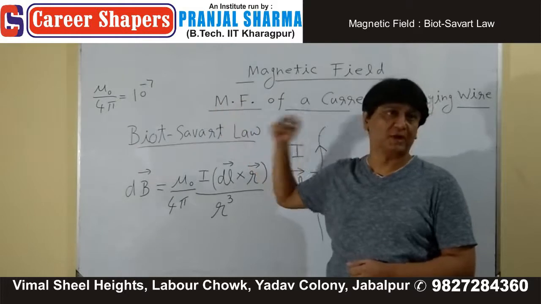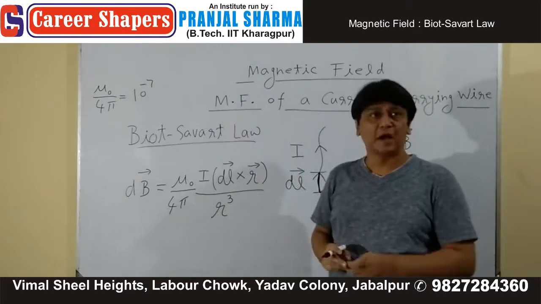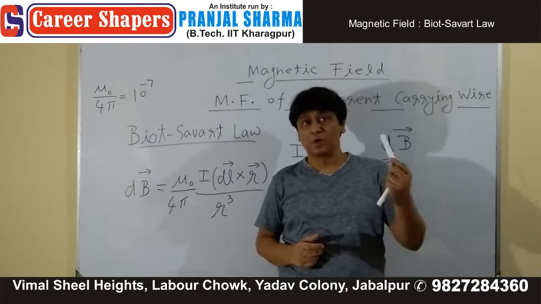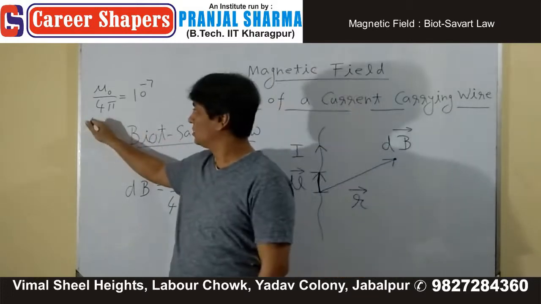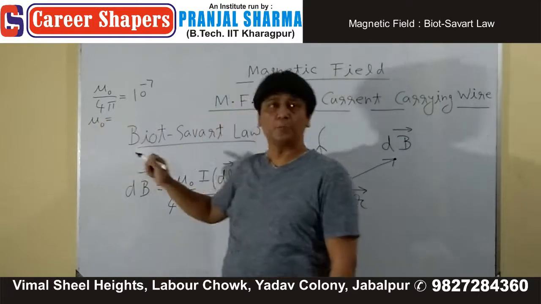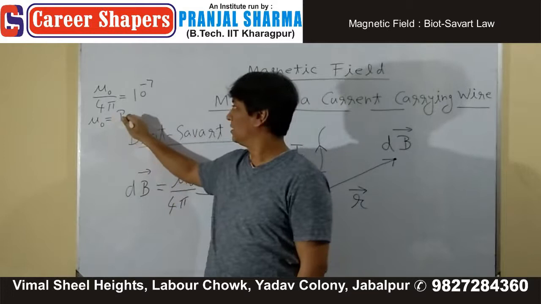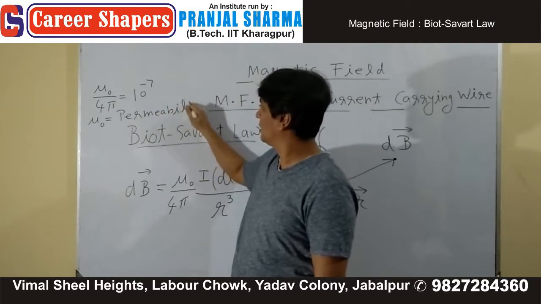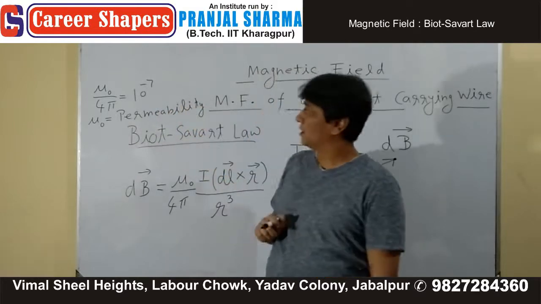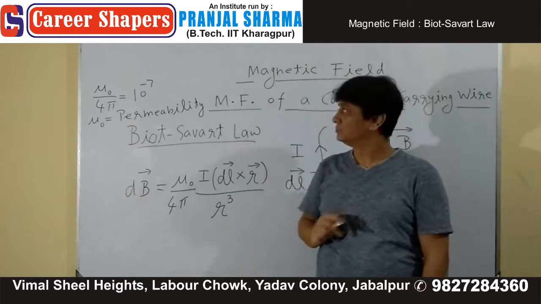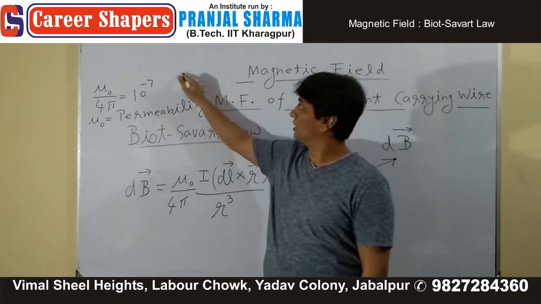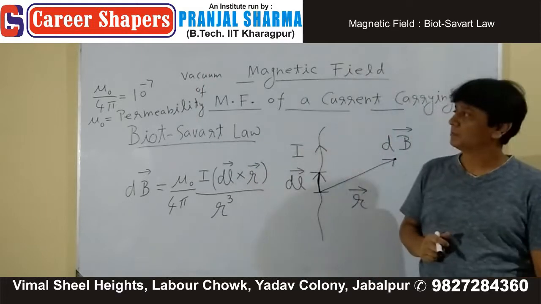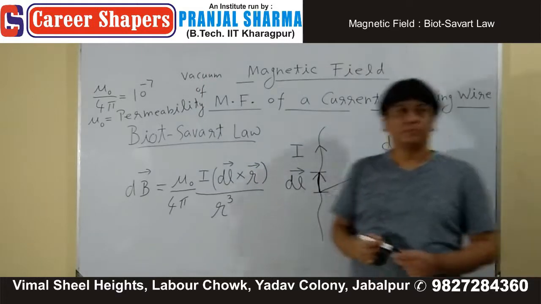Right here in magnetic field, it's mu naught, which is called permeability, permeability of vacuum.